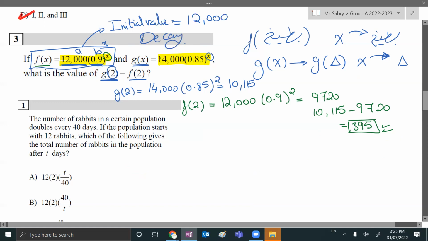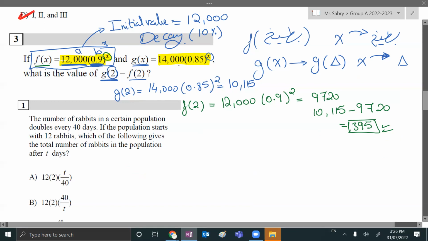So how much is it decreasing by? What's the percentage we're decreasing by? Apparently we're decreasing by 10%. How did I know that? If b is 0.9, this means it went down from 1 by 0.1 to reach 0.9, which means it decreased by only 10%.